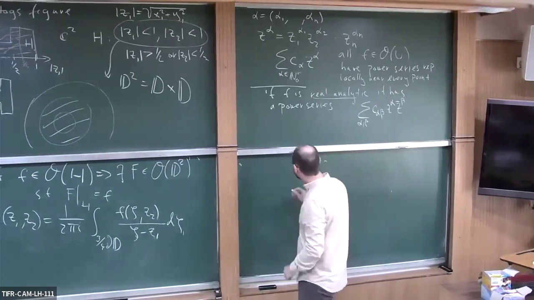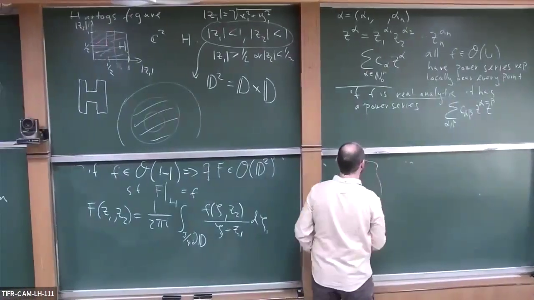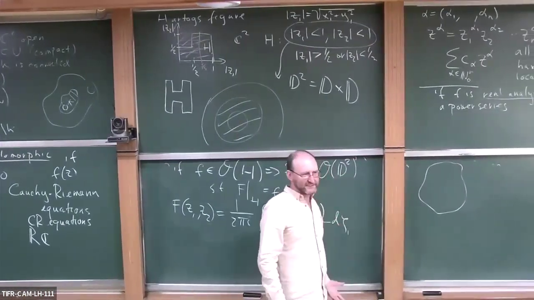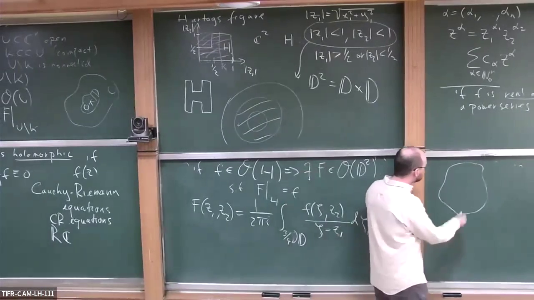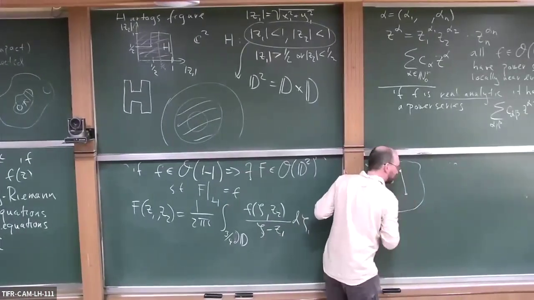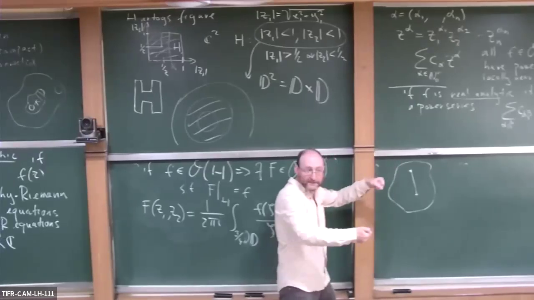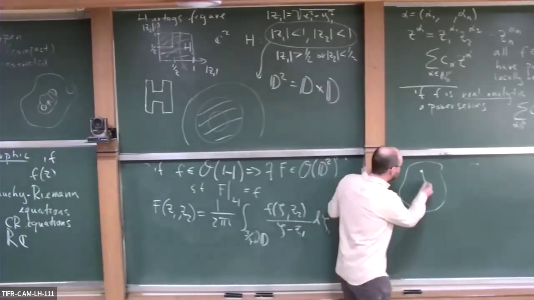So if you draw a domain and want to figure out whether it is convex, you could take a line segment, and instead of looking at just one of them, you could move it around.